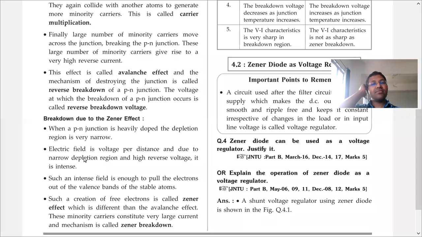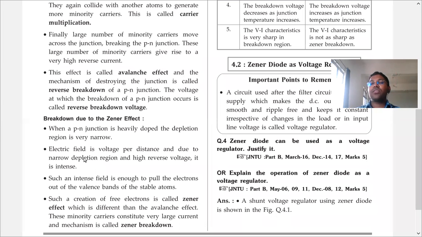This also we have seen when we discussed the transition capacitance, CT, in the first unit, in the derivation of CT. There I told you electric field intensity is inversely proportional to distance. The formula for electric field intensity is voltage divided by the distance between the two plates of a parallel plate capacitor. For a diode, it is voltage divided by distance.